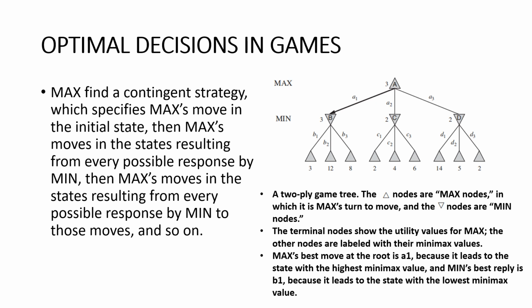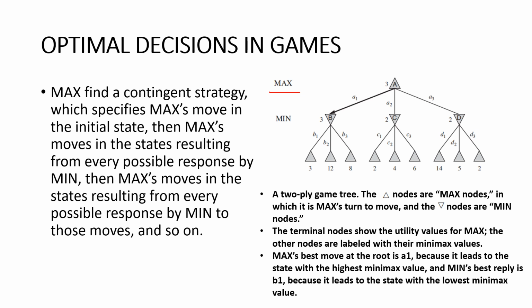MAX chooses a move in the initial state, then MIN responds optimally, then MAX again chooses the best move. This continues until the game ends. So MAX plans assuming MIN will always act against MAX's interest.